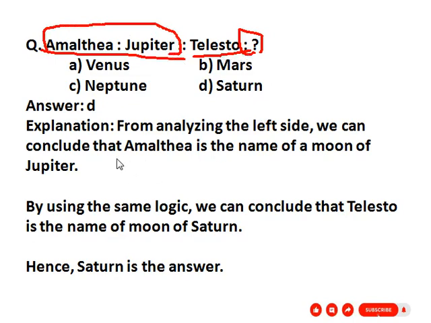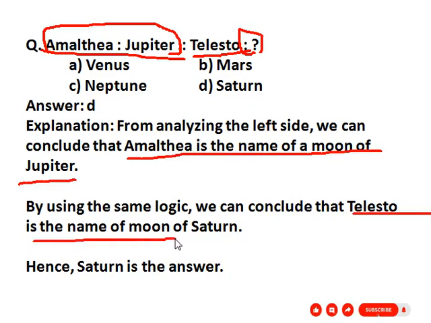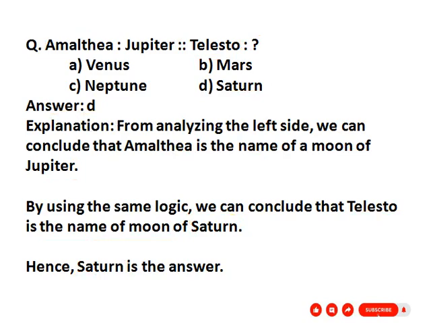See here, Amalthea is the name of a moon of Jupiter. So with the same logic, Callisto is the name of a moon of Saturn. Callisto is a moon of Saturn. So our correct answer is Saturn. Here given option D, Saturn.